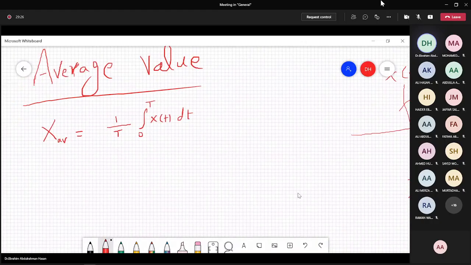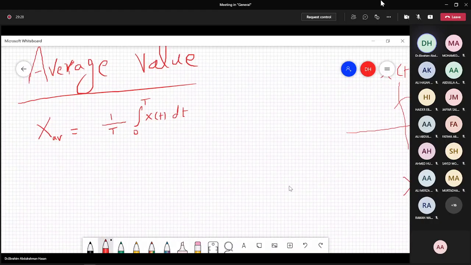Okay, what about discrete? If we have discrete, it is the same thing, the same as we said, the average class mark. Let me say this is discrete.